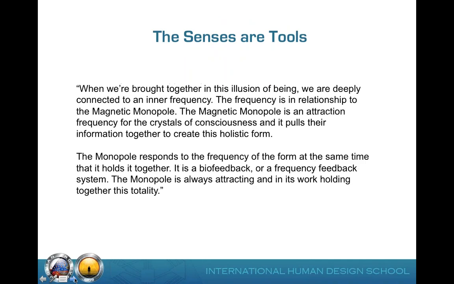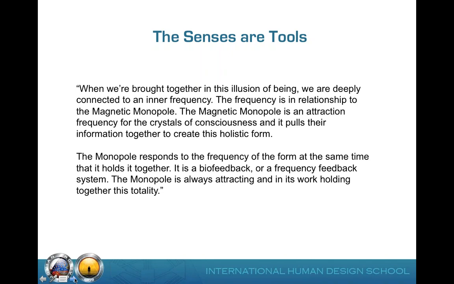And that's really profound. When we're brought together in this illusion of being, we are deeply connected to an inner frequency. The frequency is in relationship to the magnetic monopole, which we'll talk more about a little bit later. The magnetic monopole is an attraction frequency for the crystals of consciousness, and it pulls their information together to create this holistic form.